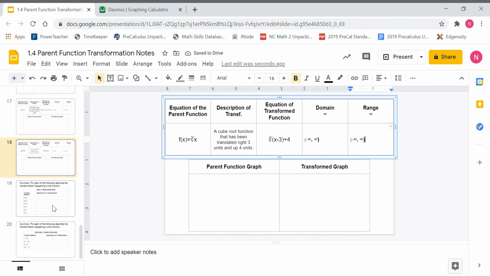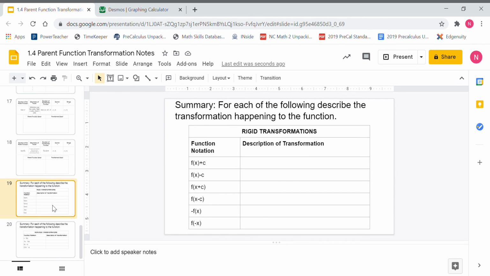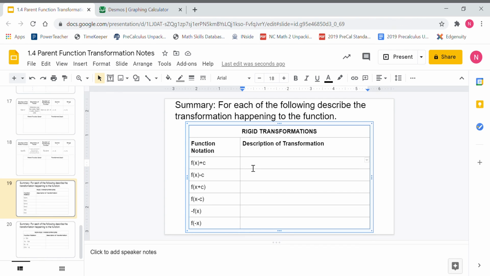So to sum it all up, if you're going to write anything on paper out of this entire lesson, it would be these last 2 slides, just because it lists out all of your transformations for you. So if you have a function and outside the function you add c, you are vertically translated up c units. If it's minus c, you are vertically translated down c units. If it is inside the parentheses, you've got horizontal movement, so you've got a horizontal translation.